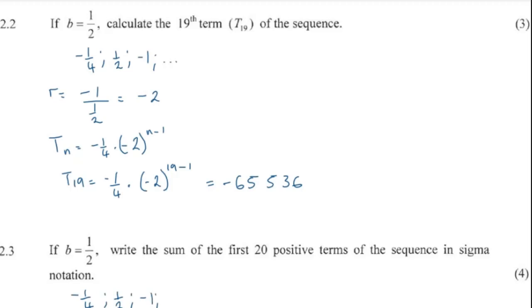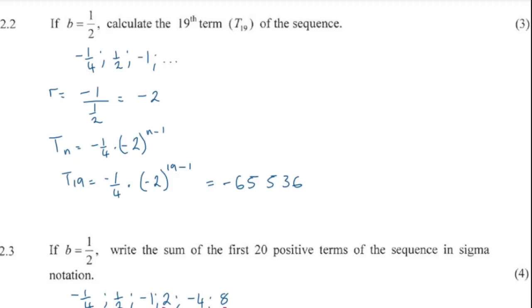Remember, our common ratio is negative 2, so this is positive 2, then negative 4, then positive 8. They want the sequence of positives, so our new sequence is half, then 2, then 8.